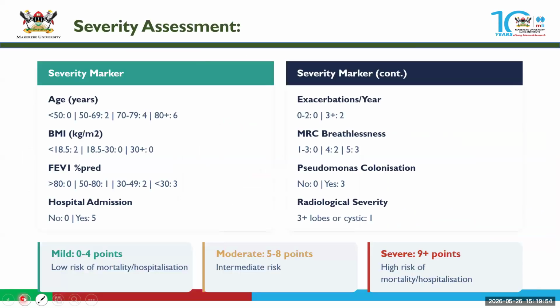disease. So with this diagnosis, one may want to go ahead and look at the severity. Some scores have been suggested. One is the bronchiectasis severity score, which is able to point to a degree and risk of mortality.